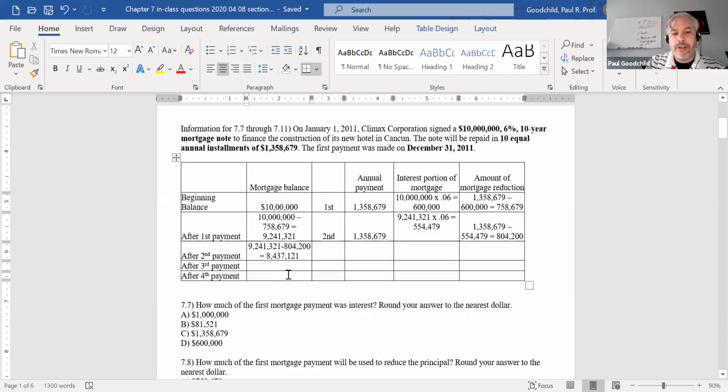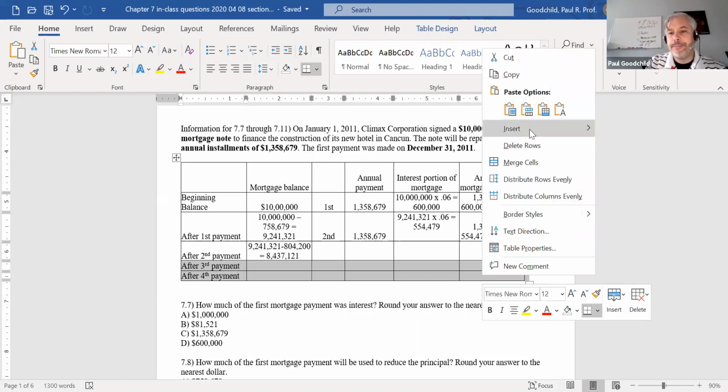So if I was in Excel, I could jump through this really quick, but let's see if I can go through all the years and we'll see how that goes.